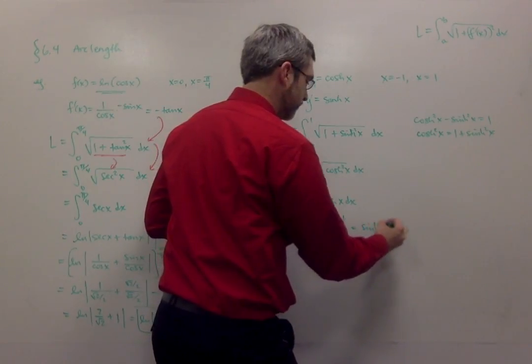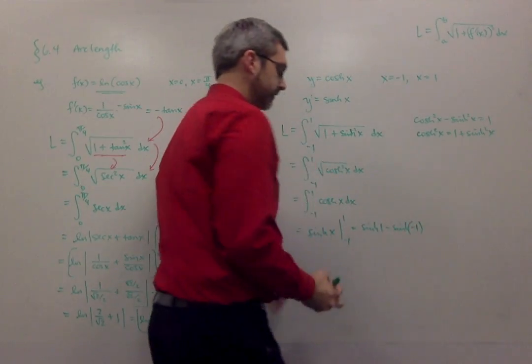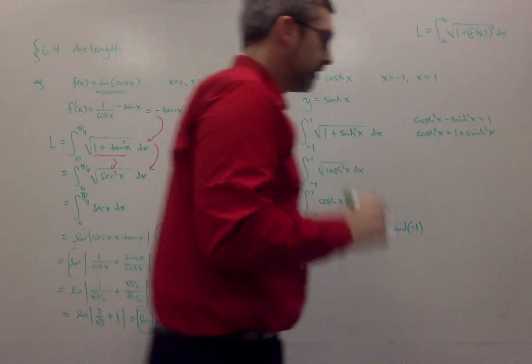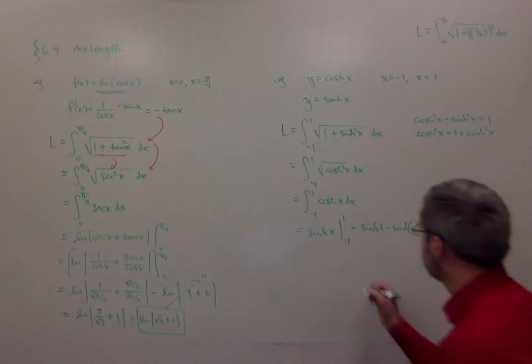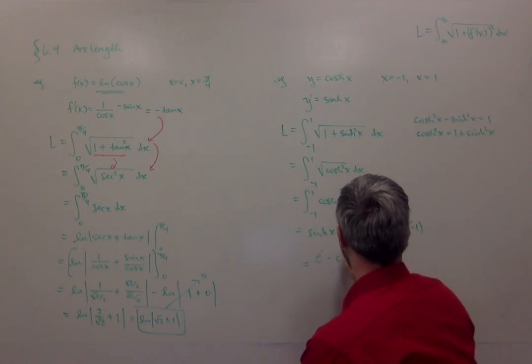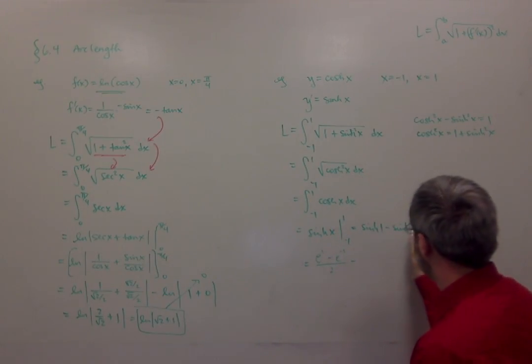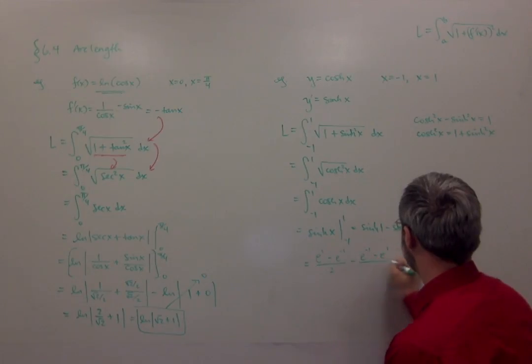So I need sinh of 1 minus sinh of -1. Sinh, just to remind you here, sinh of 1 is e to the 1 minus e to the -1 over 2. Sinh of -1 is e to the -1 minus e to the 1 over 2.